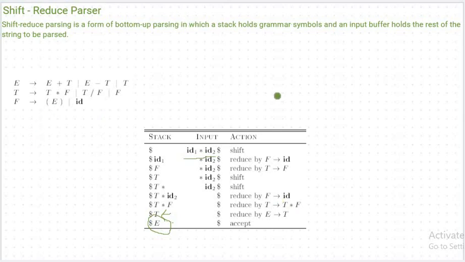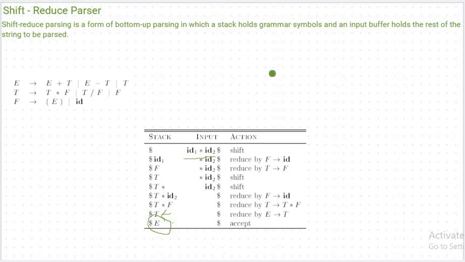Now in the shift reduce parser, you may have two kinds of conflicts. The conflict in the sense that while processing the input symbol, there may be a possibility that you can go with either a shift operation or a reduction operation.